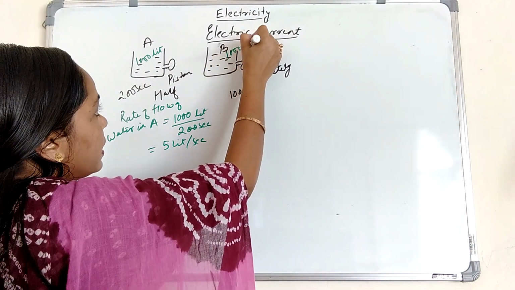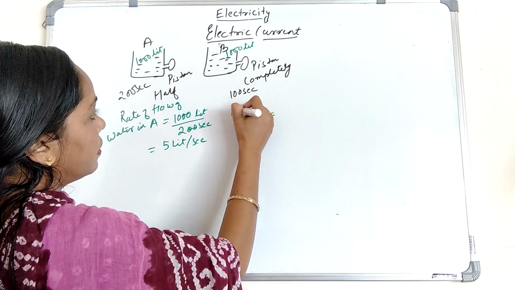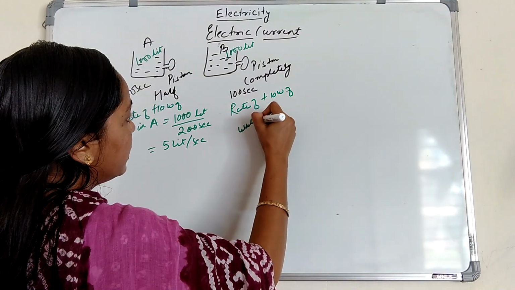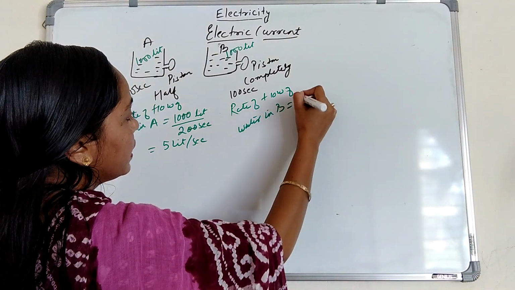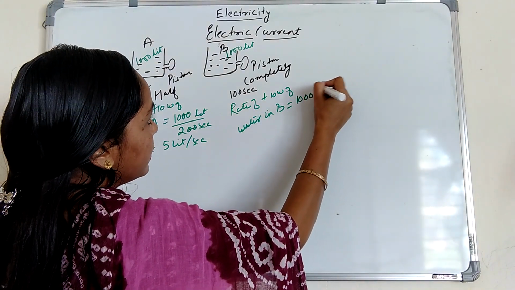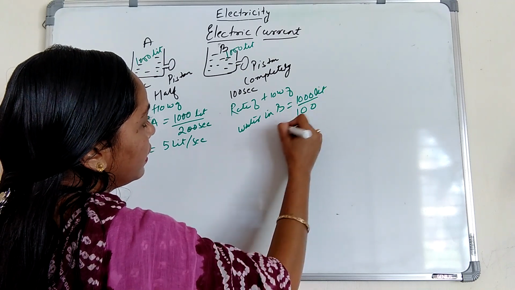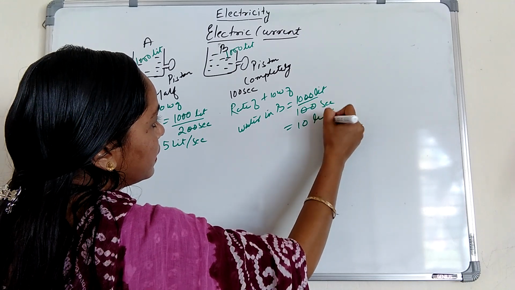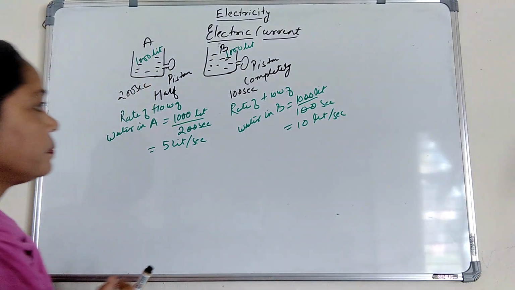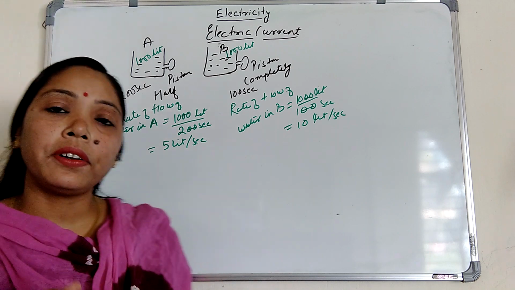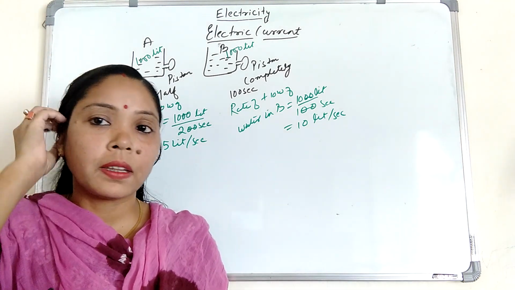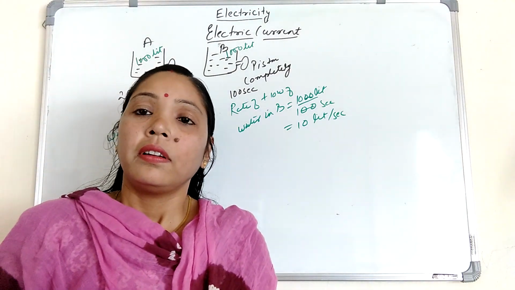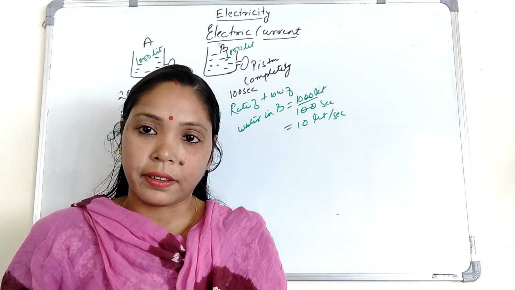Here also 1000 liters. So the rate of flow of water in B is equal to 1000 liters divided by 100 seconds, which is equal to 10 liters per second. So in both cases the rate of flow is different. In the same way we can define the electric current.